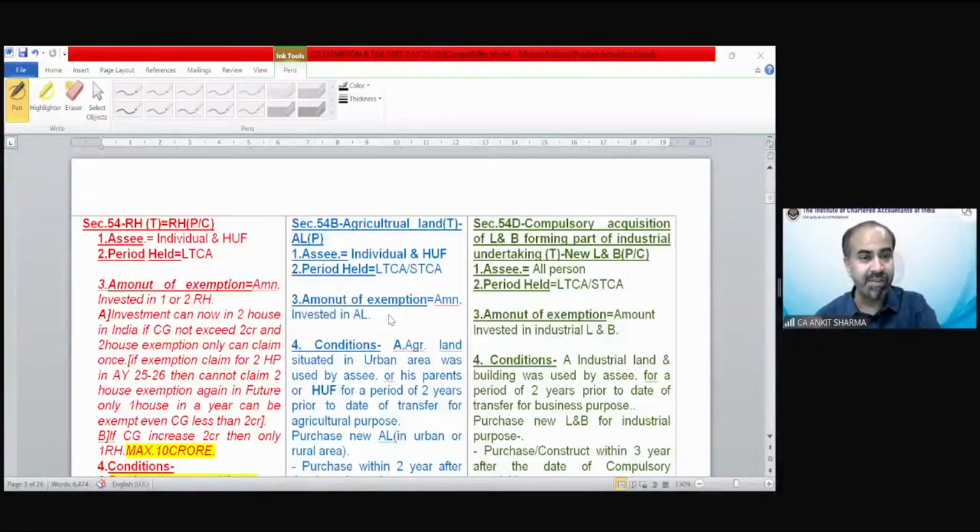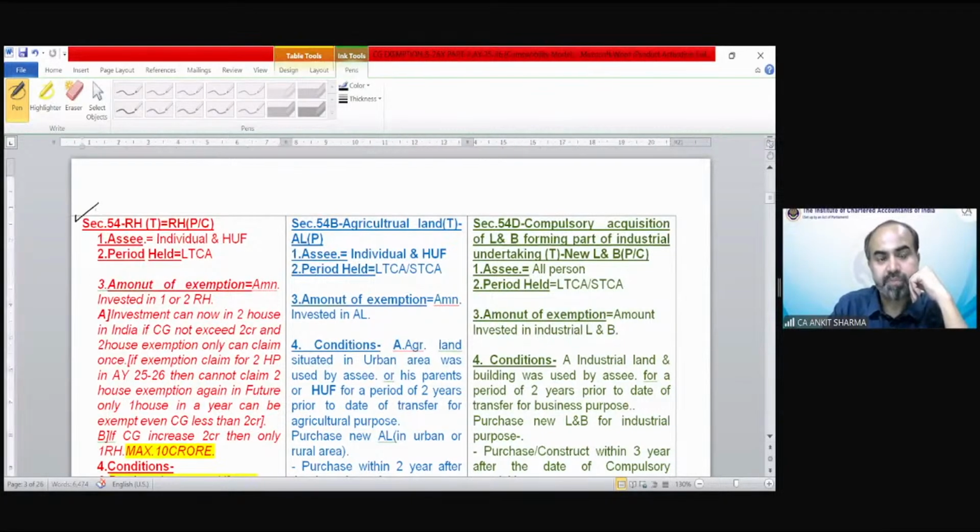What does that mean? If the first condition is applicable, like section 54 exemption has been triggered, that means others cannot be triggered. So one by one, you have to go through these exemptions. So first is to understand which exemption will trigger when.